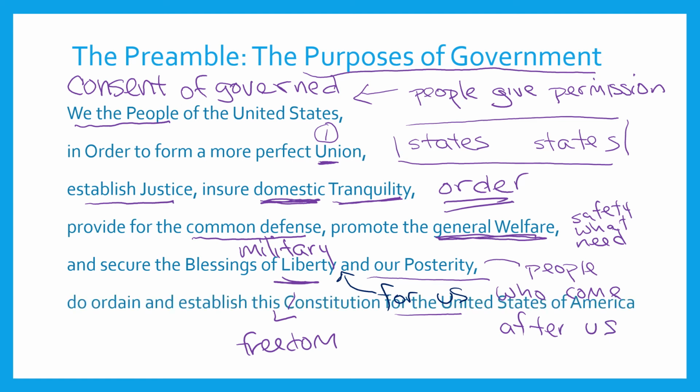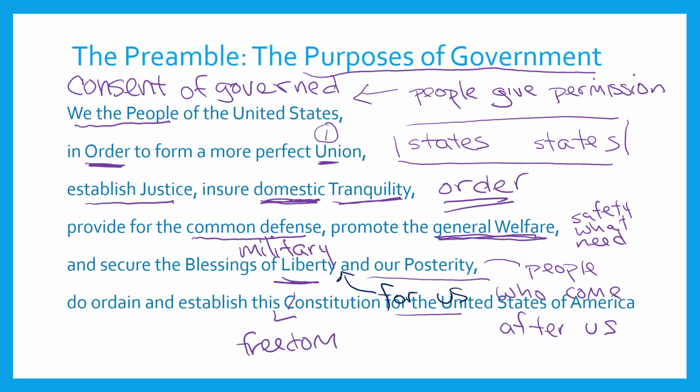Okay, so the purposes of government here, we have we the people, that's the consent of the governed, we give the government permission. In order, that's telling us purpose, to form a more perfect union, so taking all the individual states and making us actually a nation or a country. Establish justice, ensure domestic tranquility, that's the order and peace.